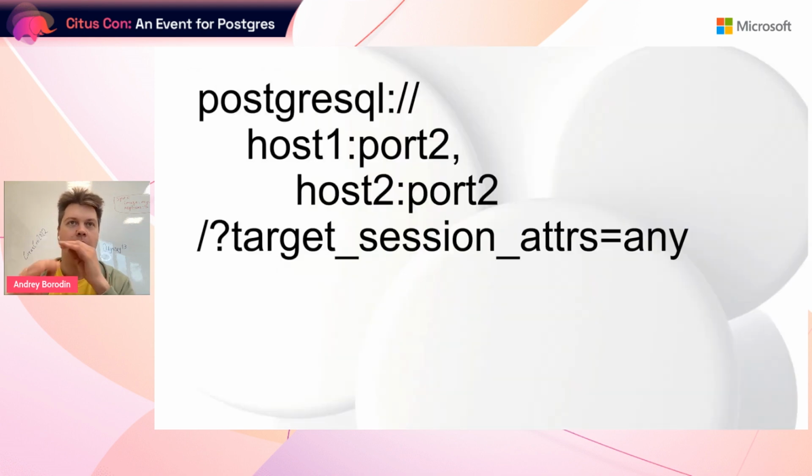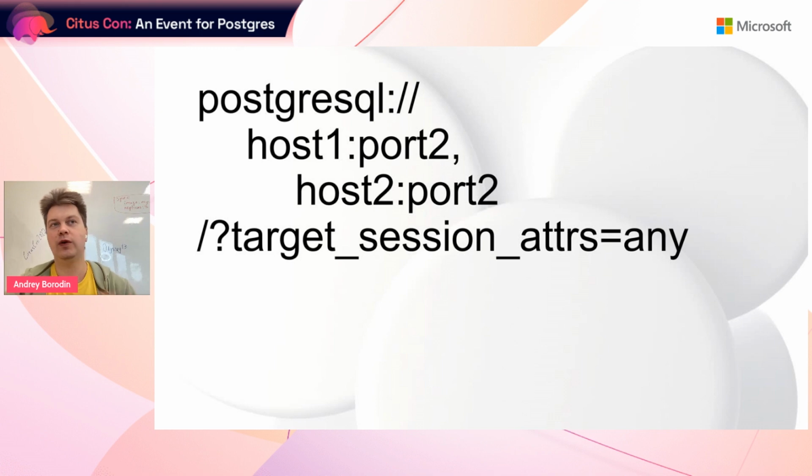But you need to connect to the correct node, and to do this you are using a technology which is called multi-host and target session address. In the connection string of Postgres, you can specify many host names with ports and say what level of connection you want.